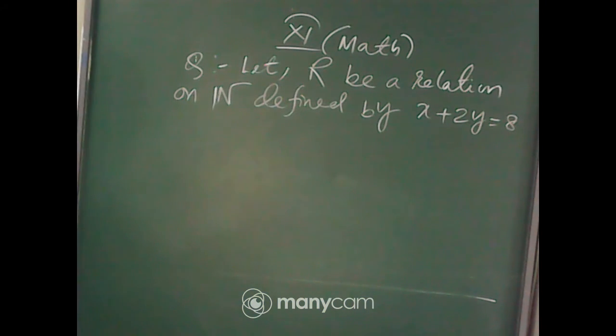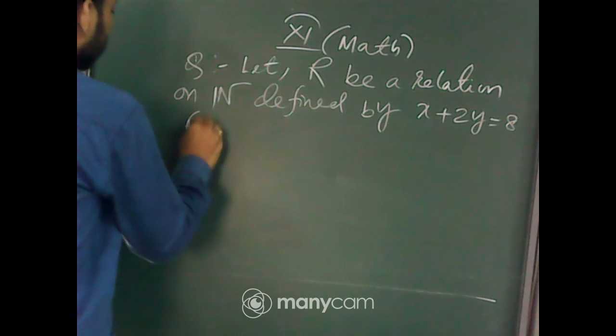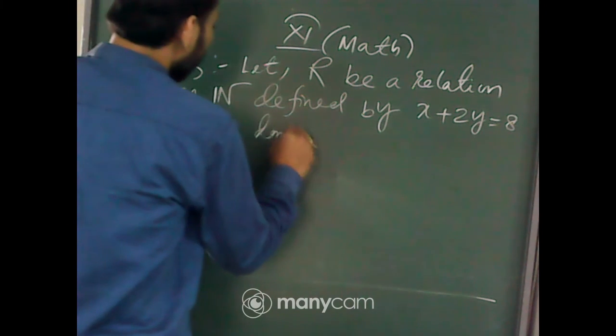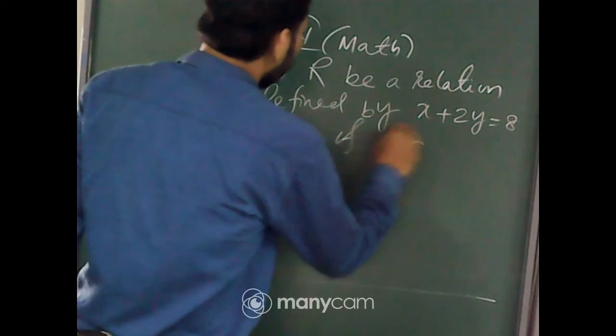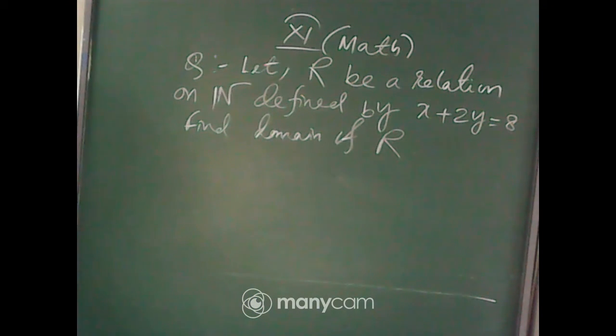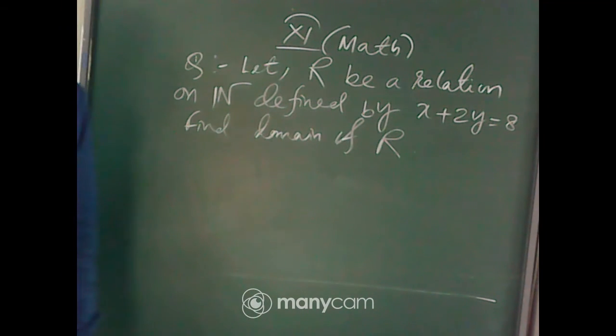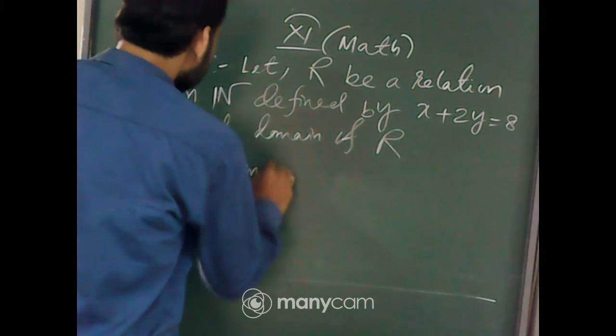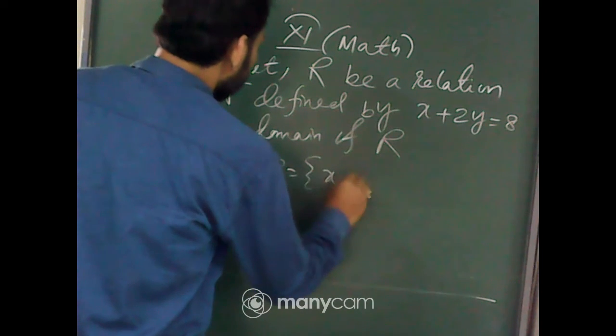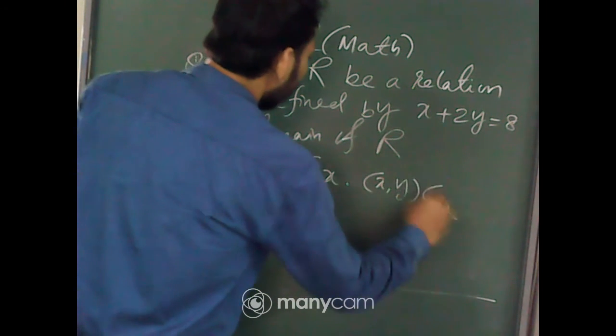Then find the domain of R. R means the relation. It's defined on natural numbers, that is x plus 2y equals 8. Find the domain of R. Domain means the x. Dom R means the set containing the x such that the ordered pair (x, y) belongs to R.